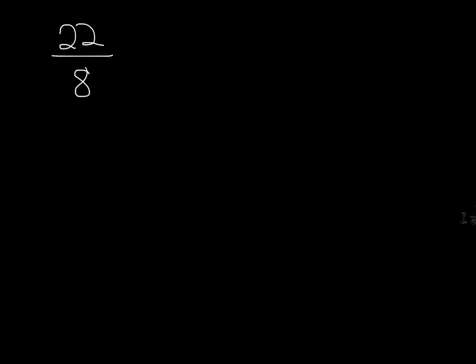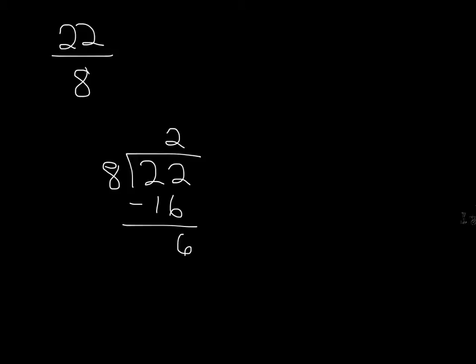Okay, hoping you've taken some time to try it, and what I find out is 22 eighths is the same thing as 22 divided by 8. I know that 8 goes into 22 twice. I know the remainder is 6. And so this is like saying that if I've got 22 eighths of a pizza, then I can make 2 whole pizzas, right?